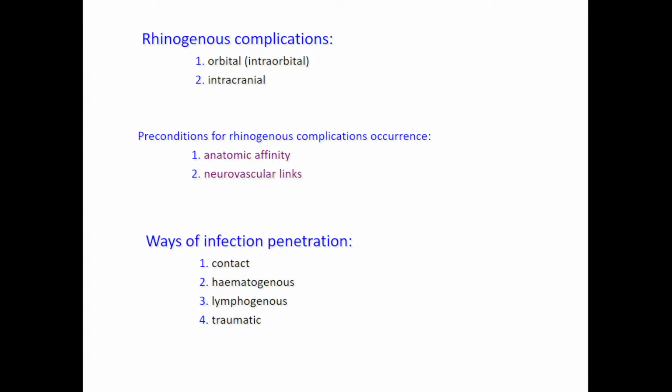So, what about complications? Complications of sinusitis may be rhinogenous. They divide into two big groups: orbital and intracranial. Preconditions for rhinogenous complications are anatomic affinity and neurovascular links.